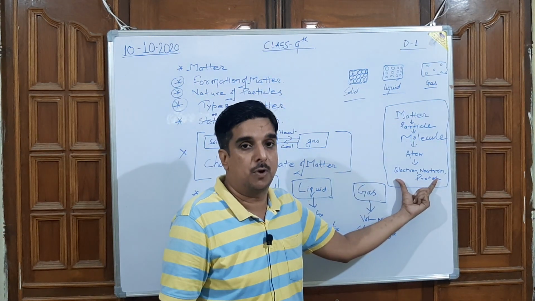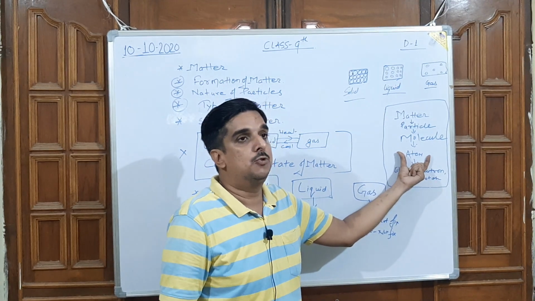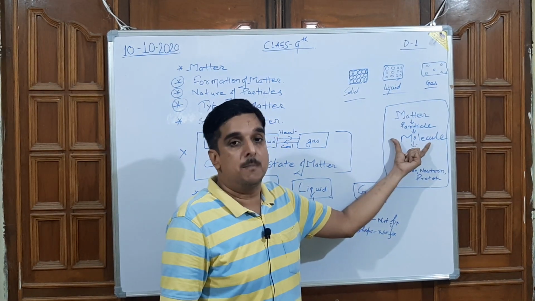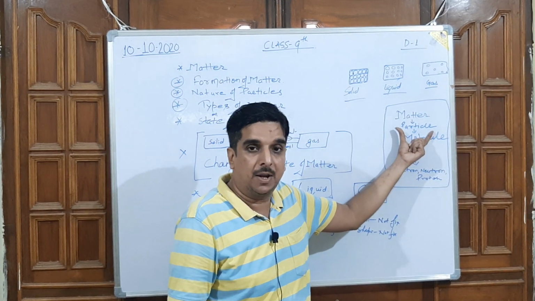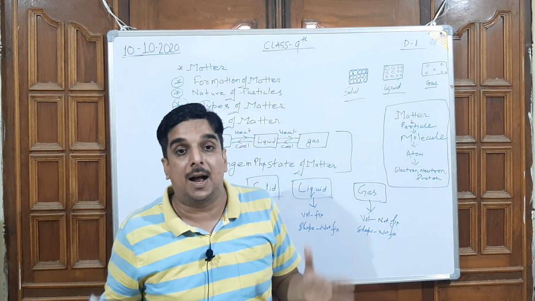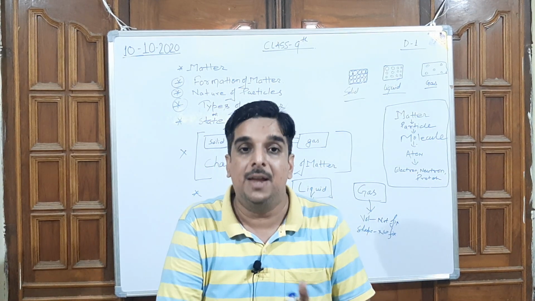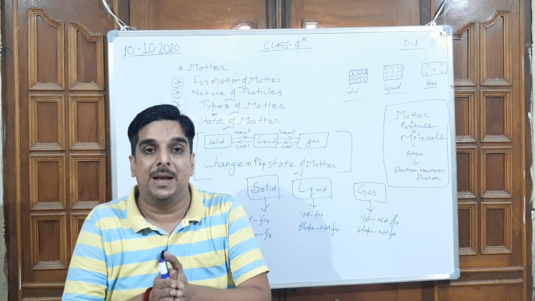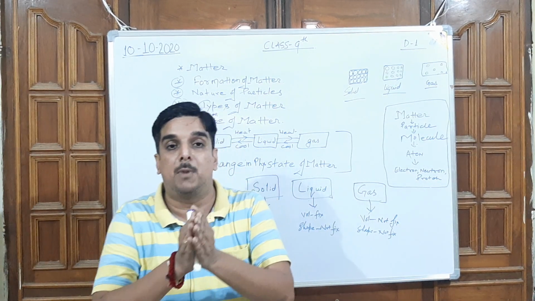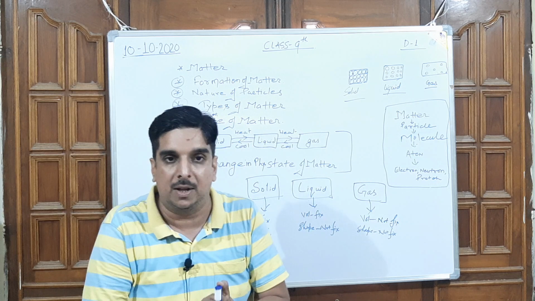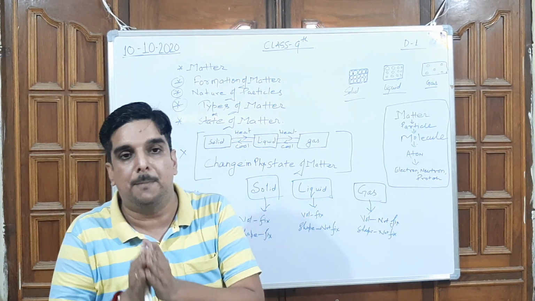Electron, neutron, proton combined form an atom. Atoms join together to form a molecule. Molecules join together to form a particle, and particles are responsible for making substance or matter. That's why at the start of my class I told you that all matters are made up of small and teeny particles.